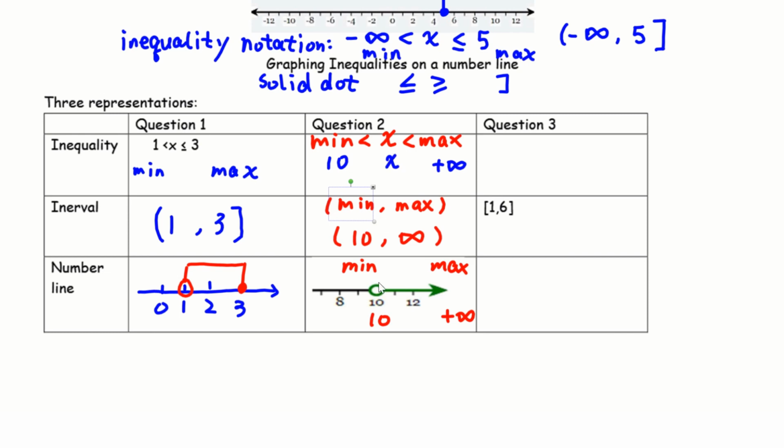X is between 10 and positive infinity. Open dot, no equal sign. Infinity, no equal sign. This one is a squared bracket, which means you have an equal sign. So the minimum is 1, the maximum is 6, x is between these two numbers, and the squared bracket means equal. You have an equal sign here.